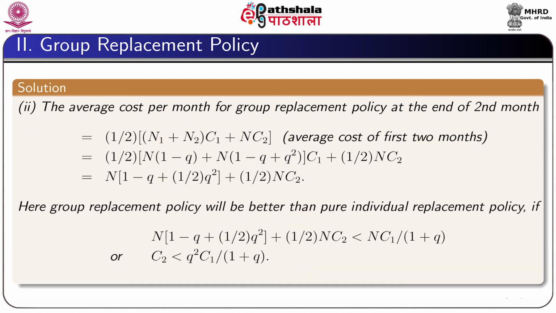Similarly, the average cost per month for group replacement policy at the end of second month can be obtained as the average cost of the first 2 months. (N1 plus N2) into C1 is the cost for individual replacements, where N1 is the number of items failed in the first month and N2 is the number of items failed in the second month.